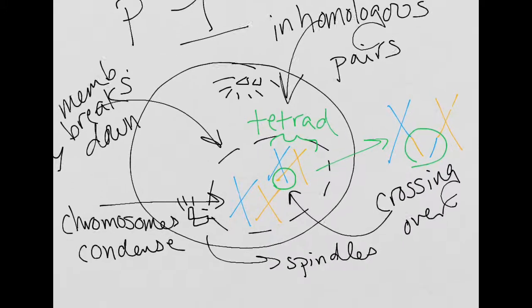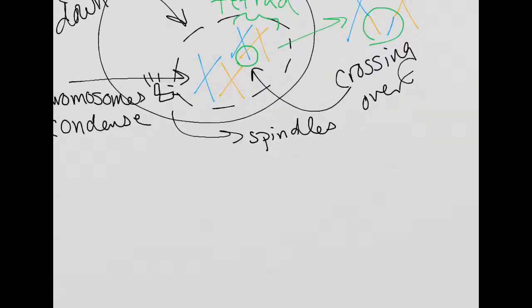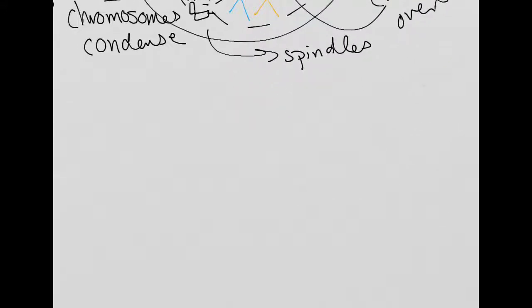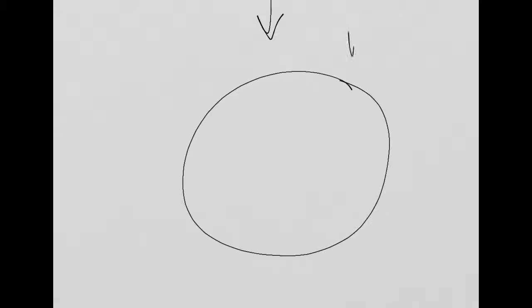Okay, we're going to move down here a little bit. Okay, here we are going to start metaphase 1. And in metaphase of mitosis, chromosomes lined up along the equator of the cell.